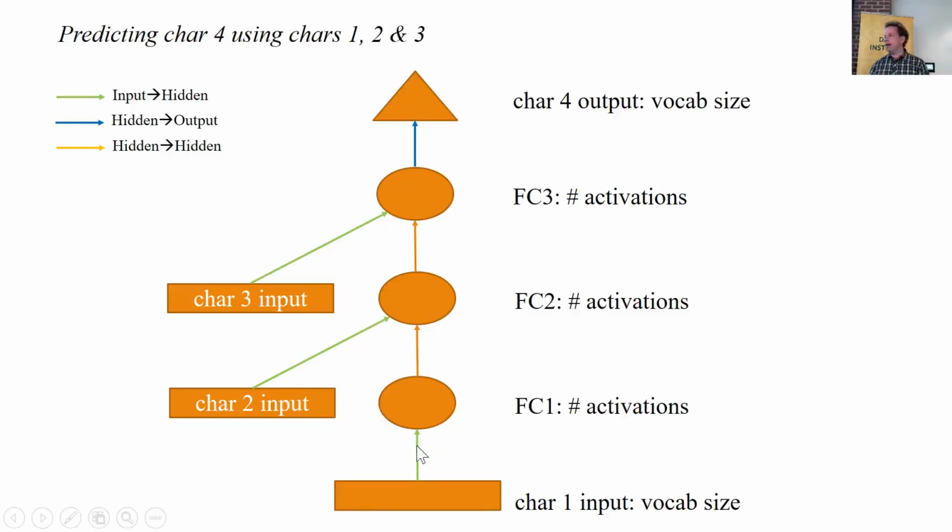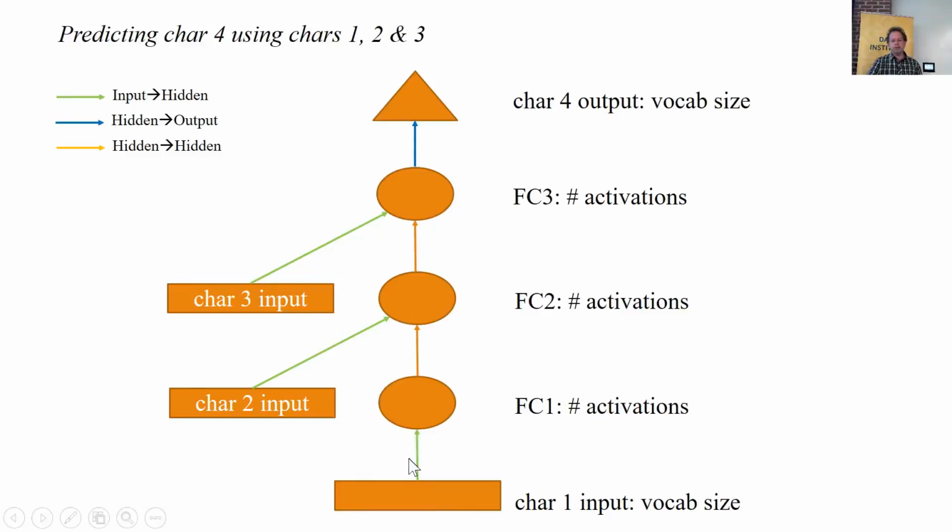To remind you, the arrows represent one or more layer operations, generally speaking a linear followed by a nonlinear function. In this case, they're matrix multiplications followed by ReLU or tanh. And the arrows of the same color represent exactly the same weight matrix being used.